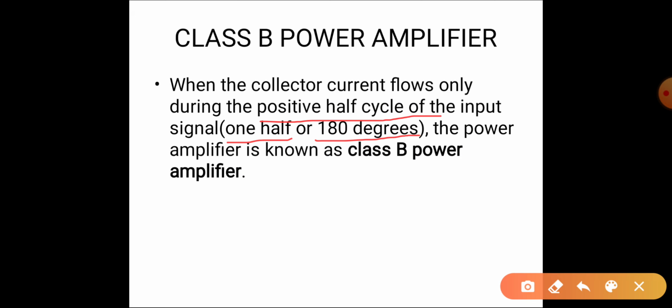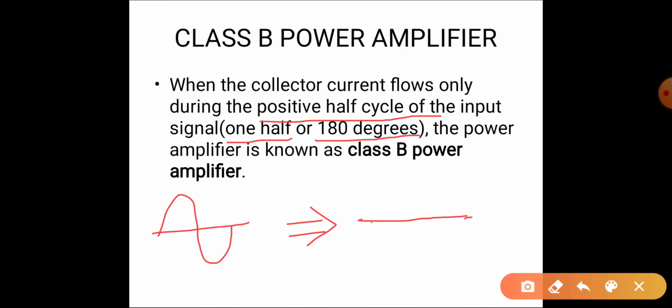We will consider this as an input signal and we will get the output signal. Now, we will consider the 180 degree phase shift between input and output. So, the collector current will only flow, considering the 180 degree phase shift of a single stage amplifier.